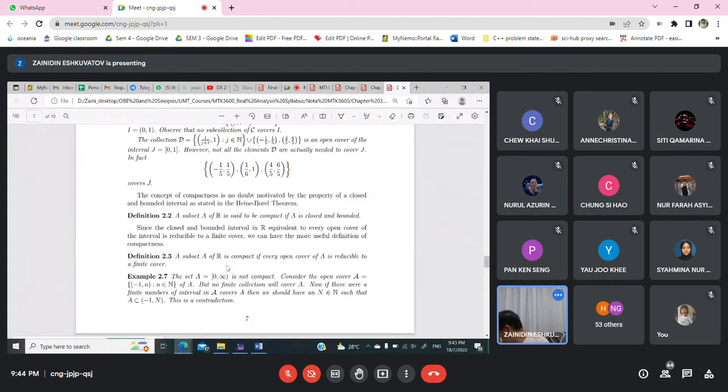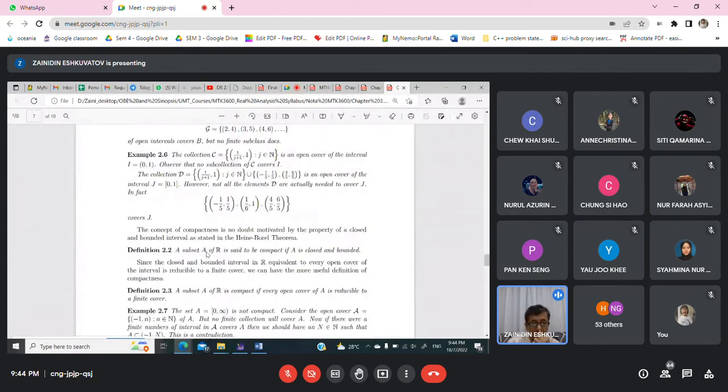Maybe we can skip this, but compact is also closed. You see, a closed and bounded set is compact. Actually, the Heine-Borel theorem says a subset A of R is said to be compact if A is closed and bounded.